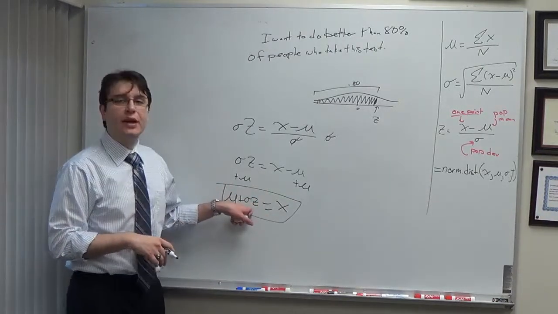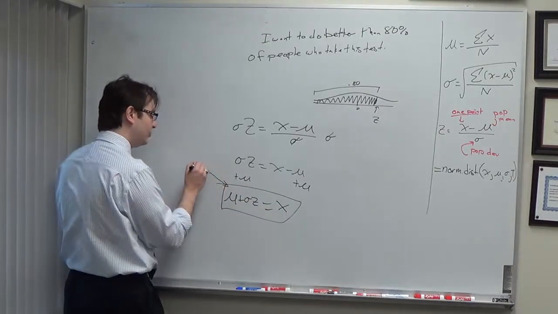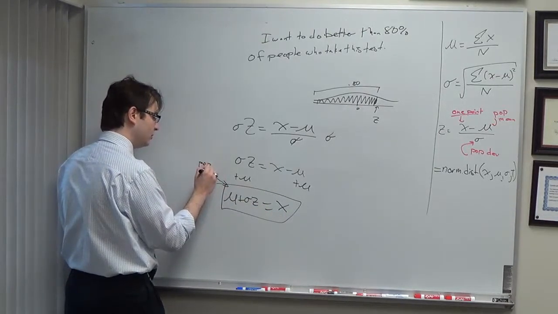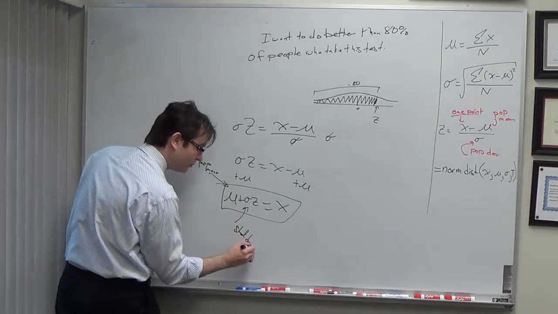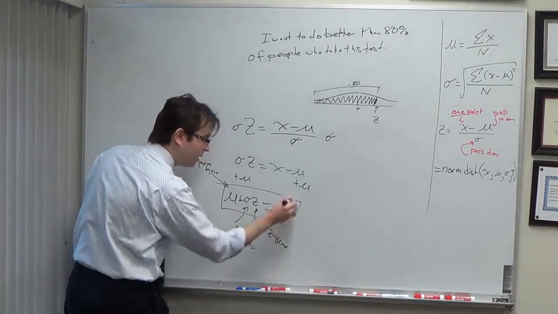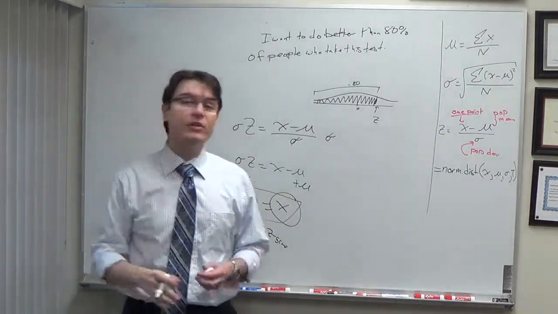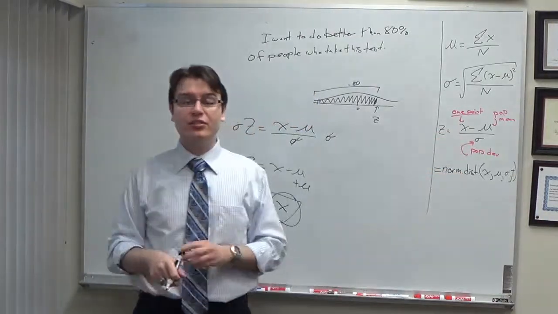Mu plus sigma times z equals x, where this is, of course, the population average. This is the standard deviation. This is the z-score. And this will give me the 1-point value. In this case, we plugged in the 1 point, we found a z-score.